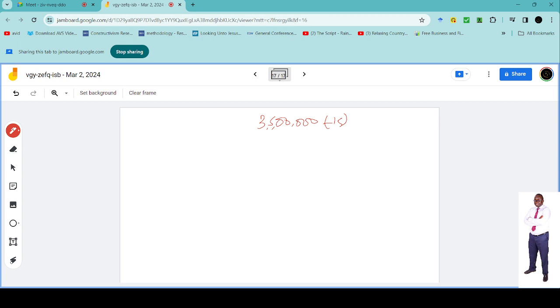Then we are subtracting less closing stock, and closing stock we have realized is 875,000.